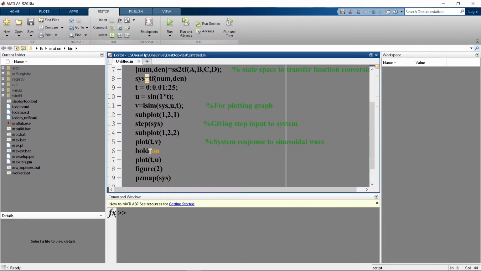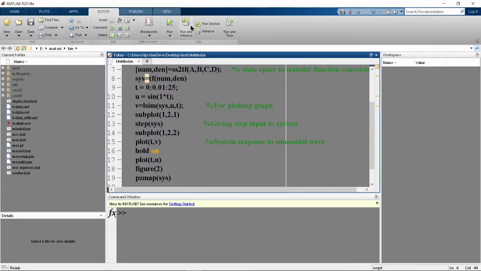Then I will be holding on to the graph. This plot won't be vanishing. Then in the same figure I will be plotting u versus t, where u is the reference sine wave and t is the time. Then I will be taking another figure where I will be showing you the PZ map, which means where the poles and zeros of the system are located.